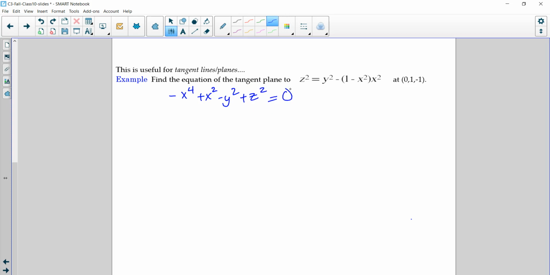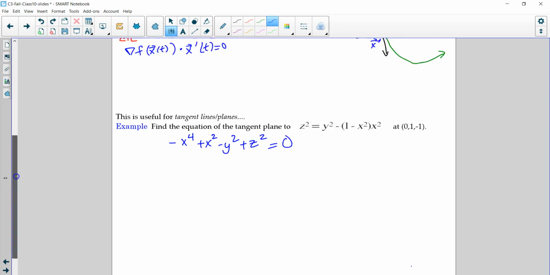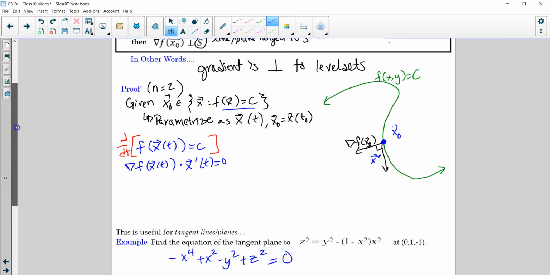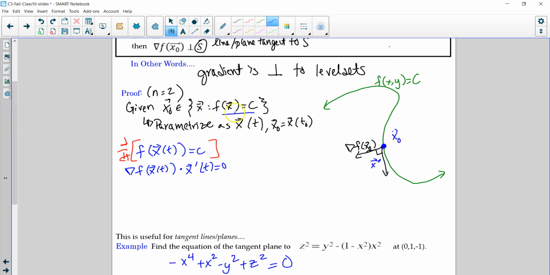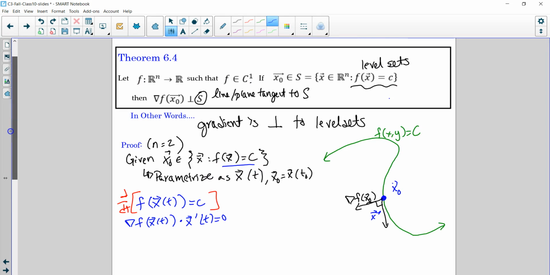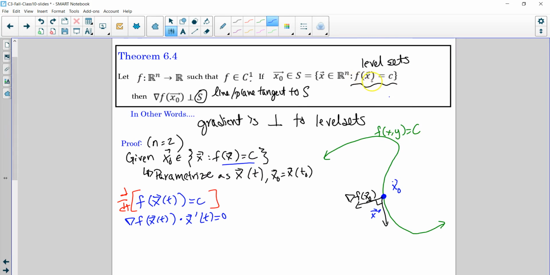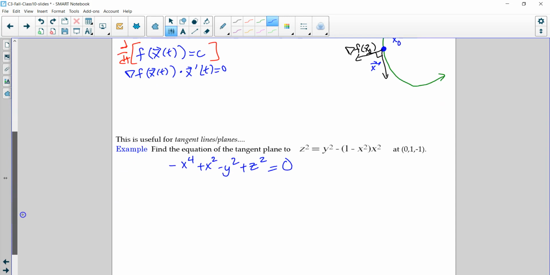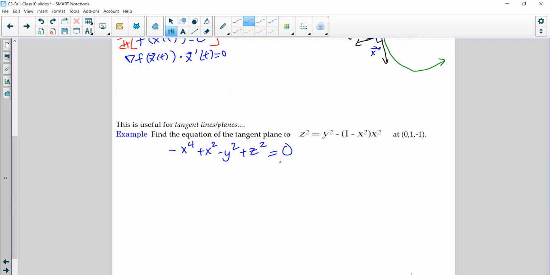Okay, but how does that help us? The previous one said I need to write this as a level surface if I wanted to find a tangent plane. Well, I think I have a level set. So this is my value of c, in quotes, and this is my function f.